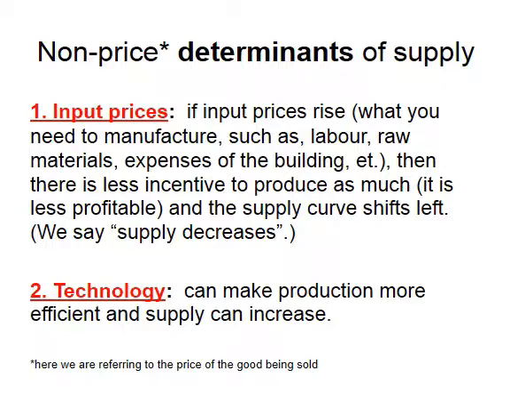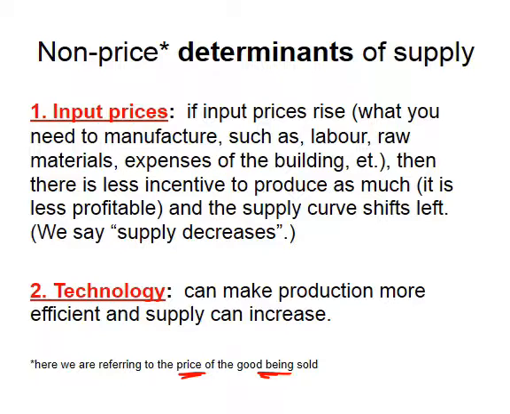Now what happens if something other than price changes, so non-price determinants? And when we're talking about price, we're talking about the price of the good being sold. So input prices. If input prices rise, so what you need to manufacture, such as labor, raw materials, expenses of the building, etc., then there is less incentive to produce as much because it's less profitable, and the supply curve shifts left.